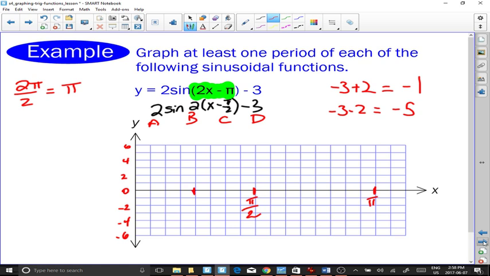After 4 grid squares, we'll have pi over 4. And at 12 grid squares, we'll have 3/4 pi, or 3 pi over 4.